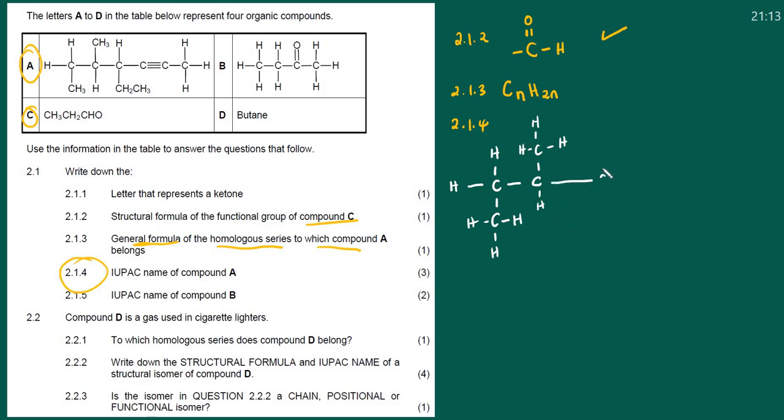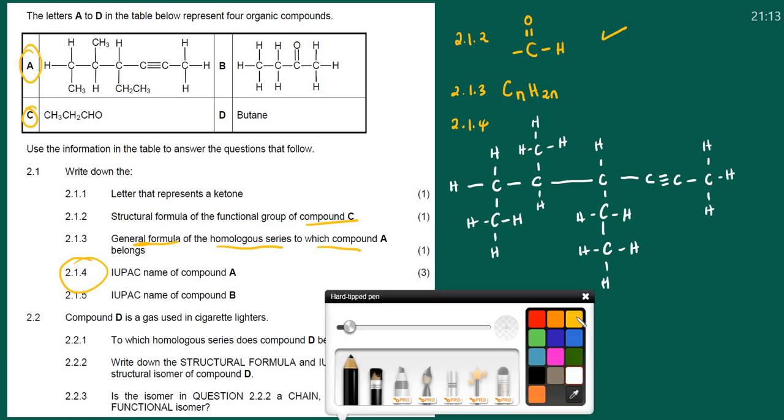I hope I didn't miss. So you have H here, let's see, you have C, H, and H, then C, H, H, and H, right? Then you have a triple bond. You have carbon, then a triple bond, and then C, and another C, and then H, right? So which one is our longest chain?